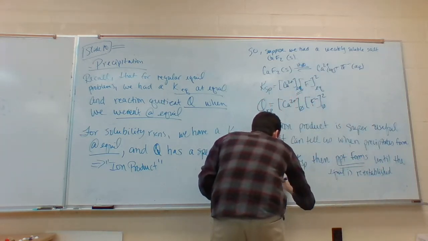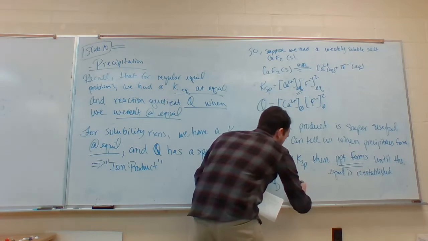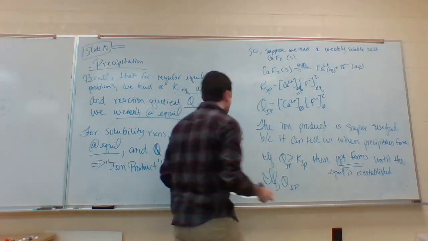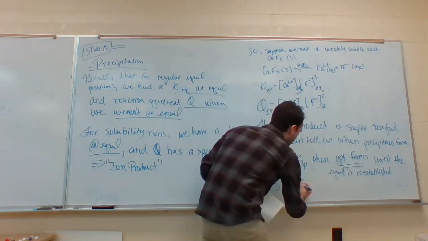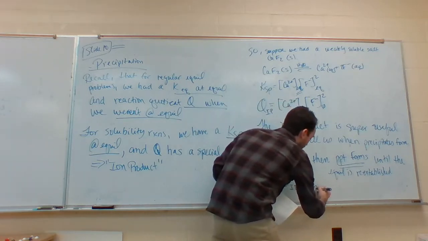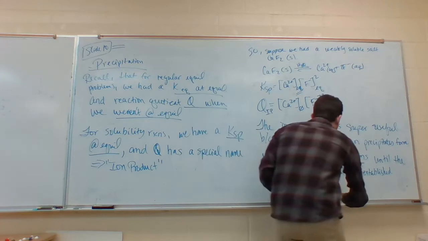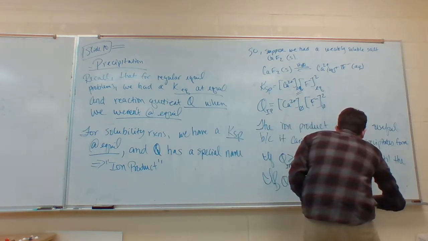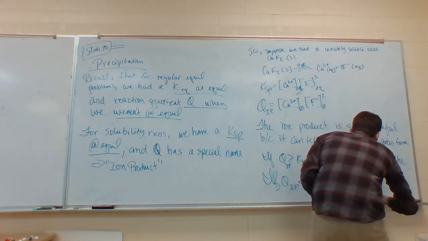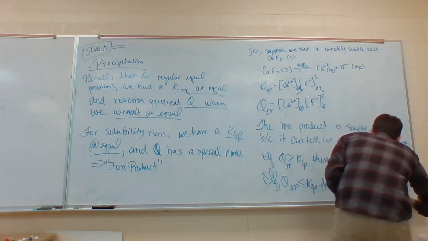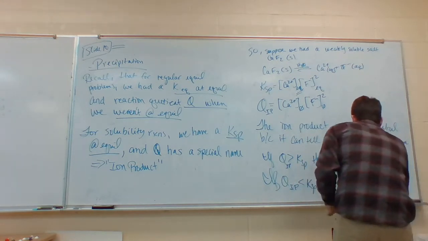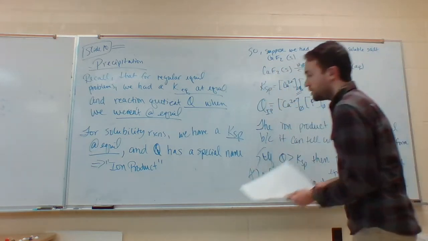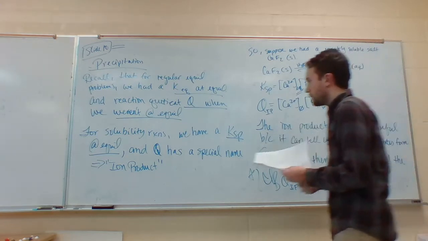Now, if our ion product is less than our solubility product constant, then no precipitate will form. This will be important for your quiz on Friday, okay?